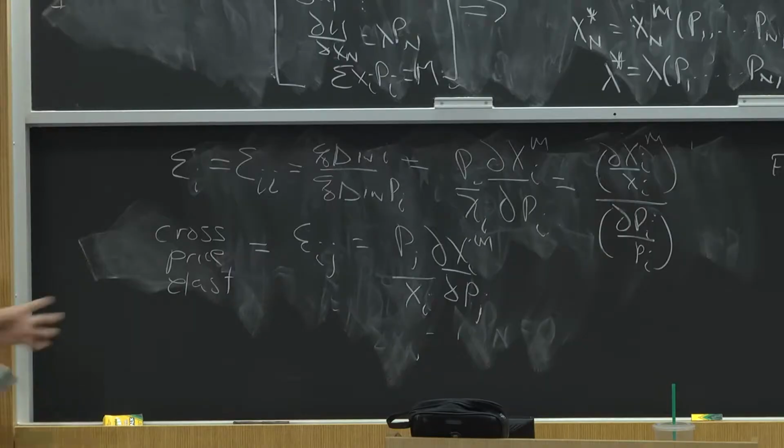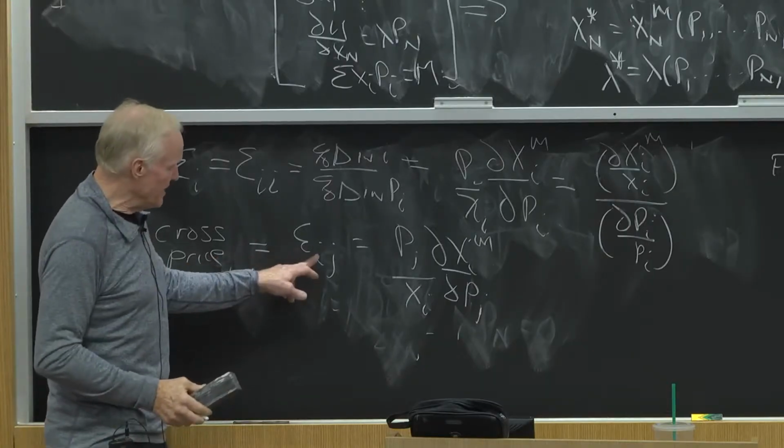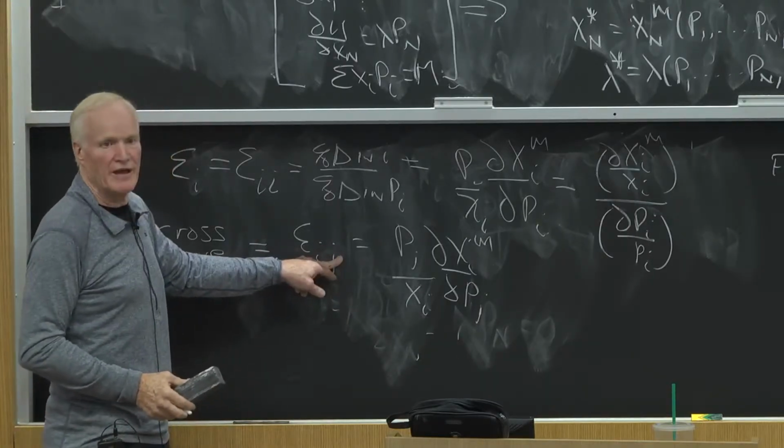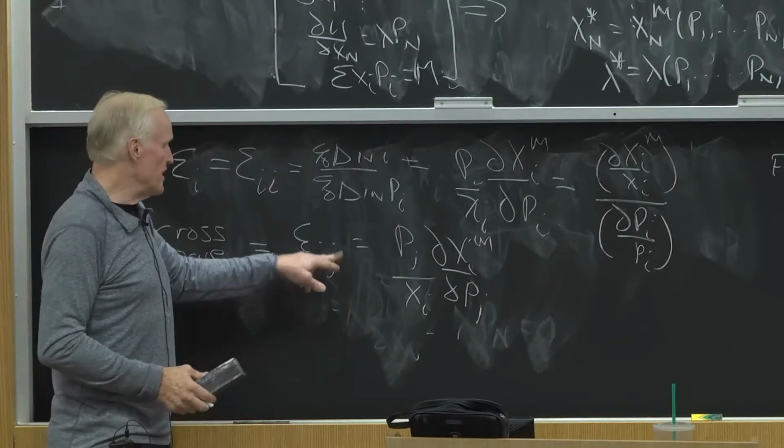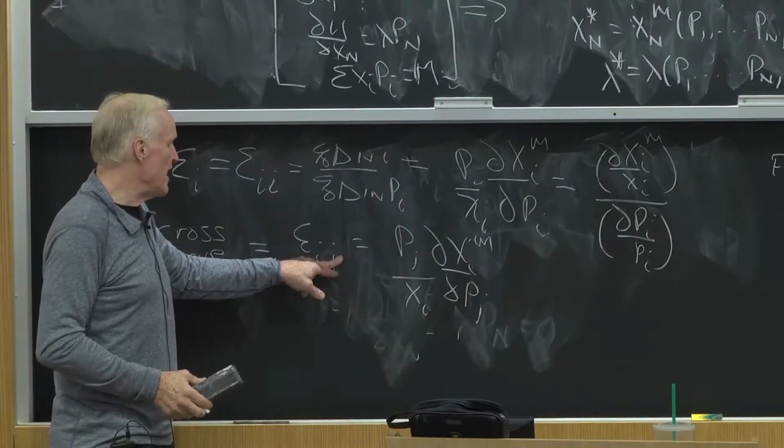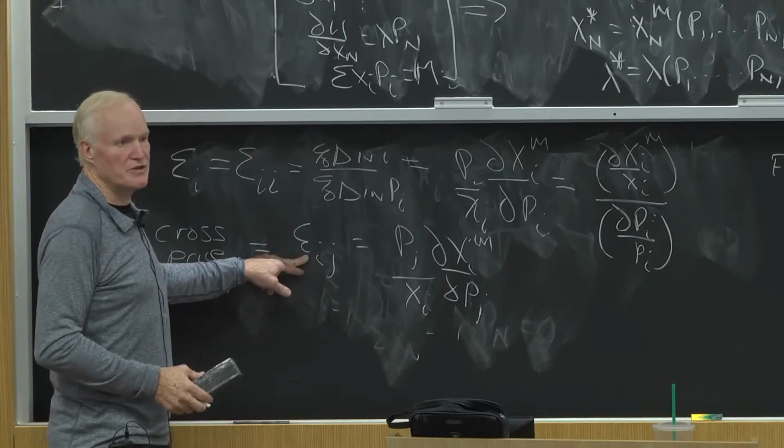So when I write epsilon ij, I mean the elasticity of i with respect to the price of j. How much does a 1% increase in the price of j reduce or increase the consumption of good i?